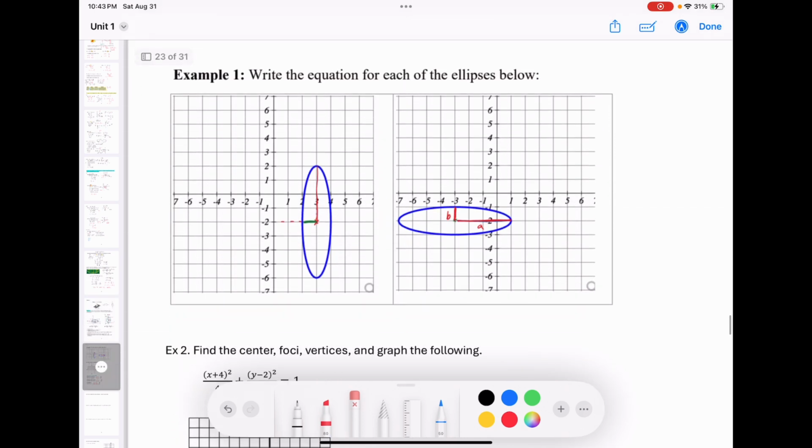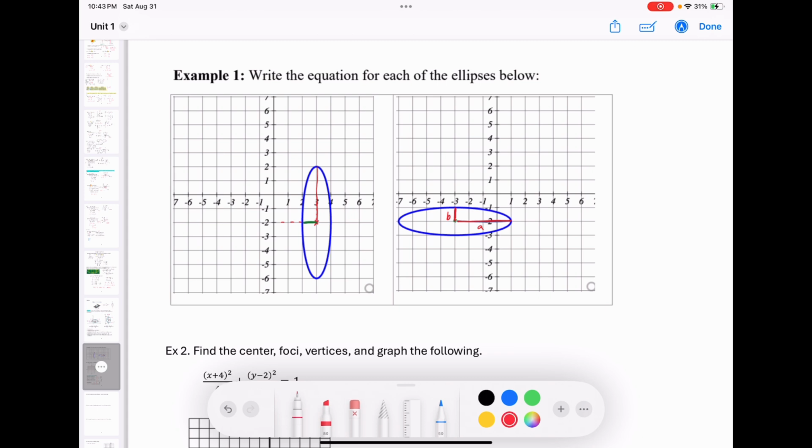Okay, let's see these two images. Example 1: write the equation for each of the ellipses below. From the first one, the major axis is parallel to the y-axis, so I'm using the formula.